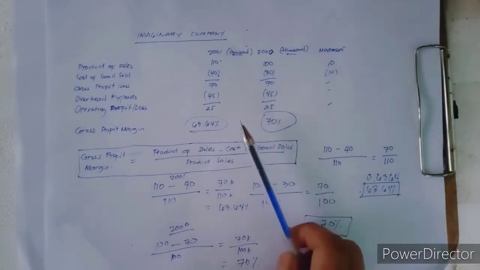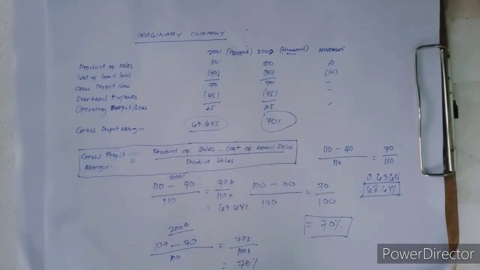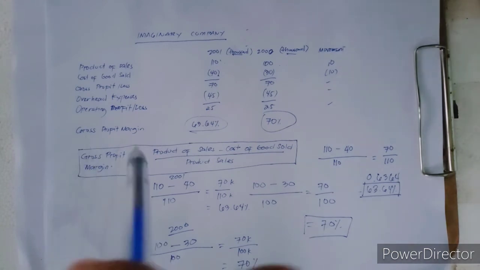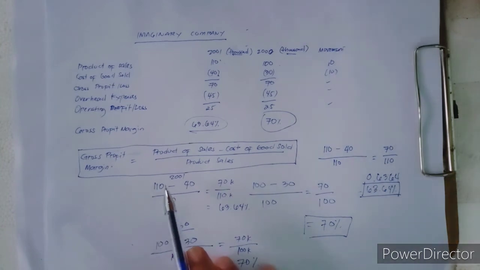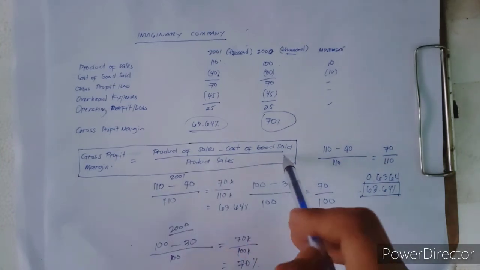How can it be? A useful metric we can use to analyze this is the gross profit margin. To calculate the gross profit margin, we can use this formula.